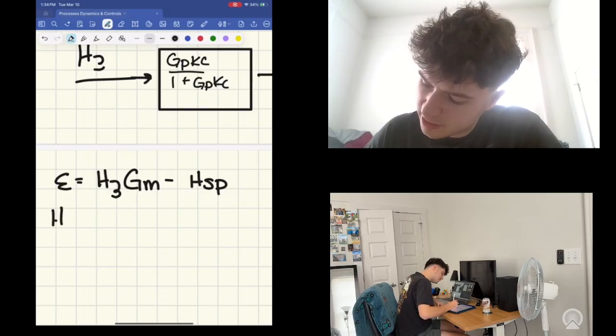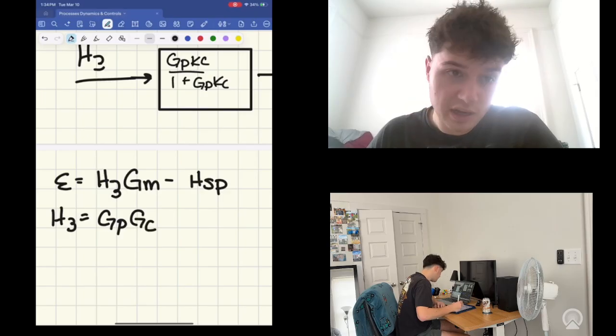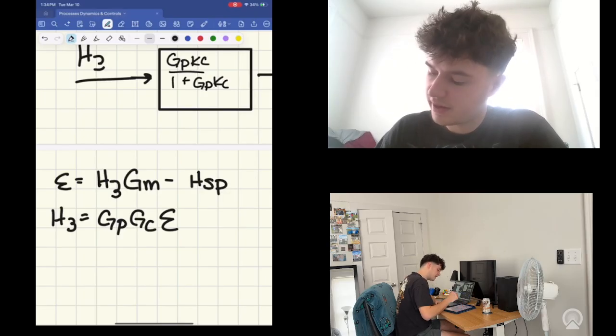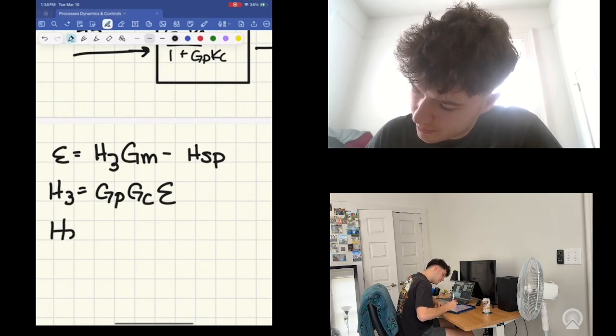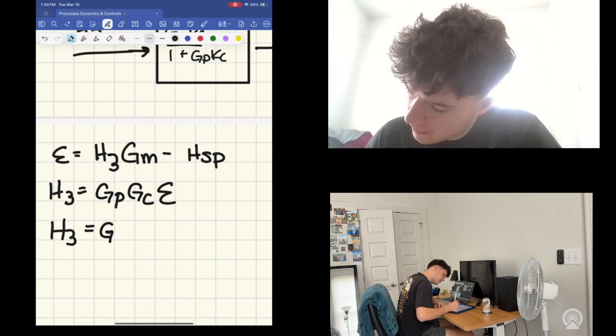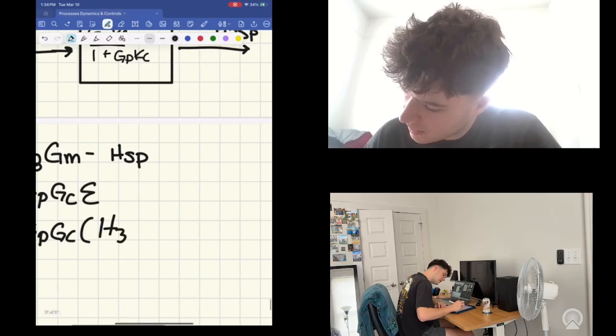Then we have H3 is equal to GP GC times our error value. Now plugging that error value in, we have H3 is equal to GPGC times H3 GM minus H3SP.